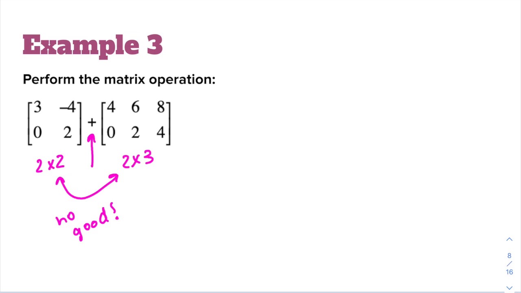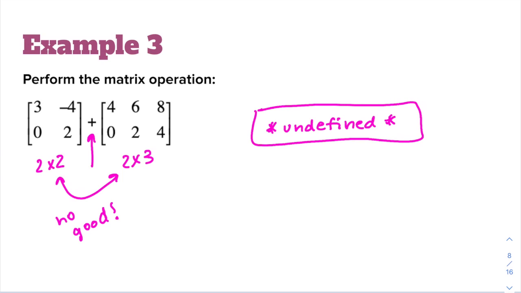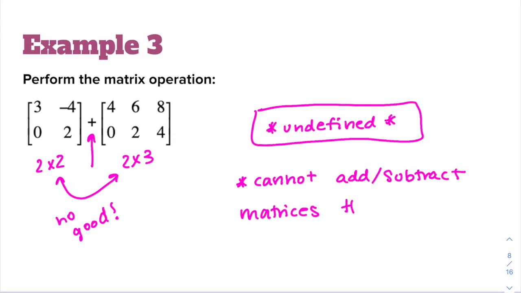So we would just say undefined, because there is no way to find the sum in this example. And again, that is because you cannot add or subtract matrices that are different dimensions. So don't even try.